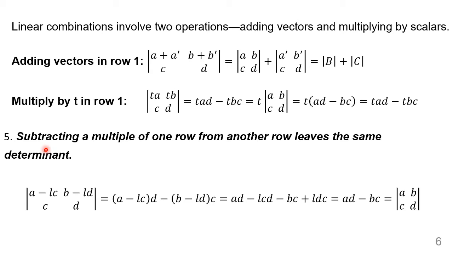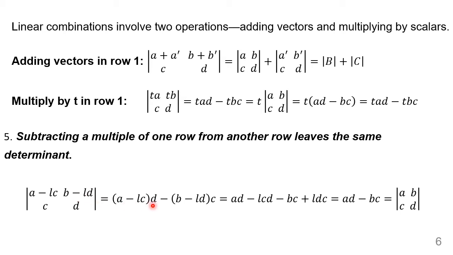The fifth property says that subtracting a multiple of one row from another row yields the same determinant. The determinant is not going to change when we subtract the values of one row from the other row. So let us say a minus lc, b minus ld, and c and d. The c and d are multiplied by l and we have subtracted it from the first row values.